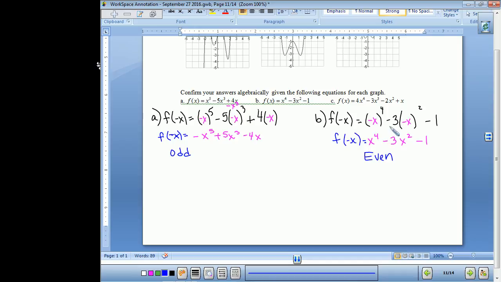And that's what's going to happen on the last one, because look at this. That's going to be raised to an even power, so it's going to stay the same. But this one, when I plug in negative x, will switch to the opposite. Some will stay the same, and some will change. So once I notice that, I'm really kind of done.